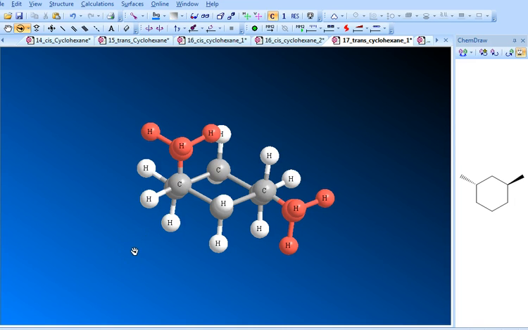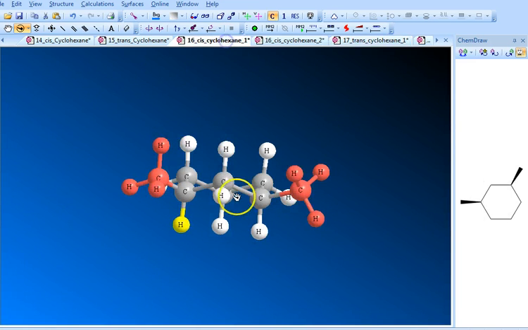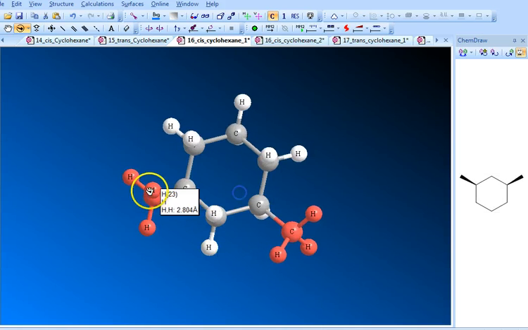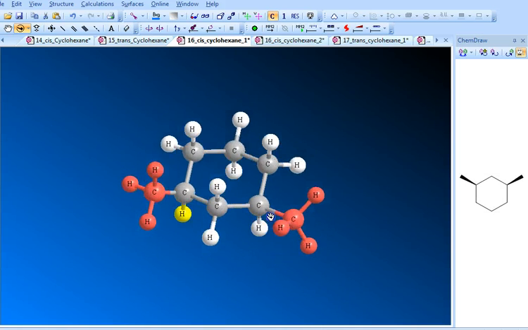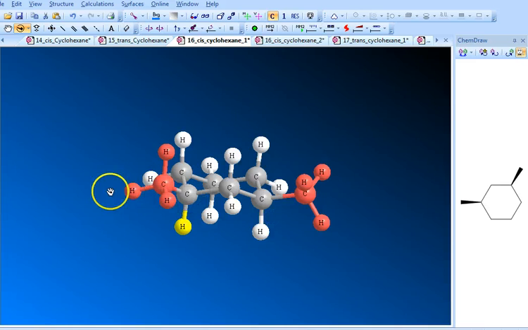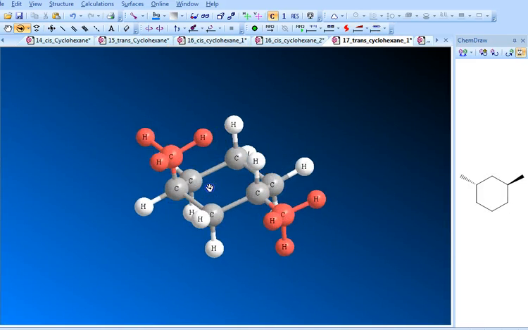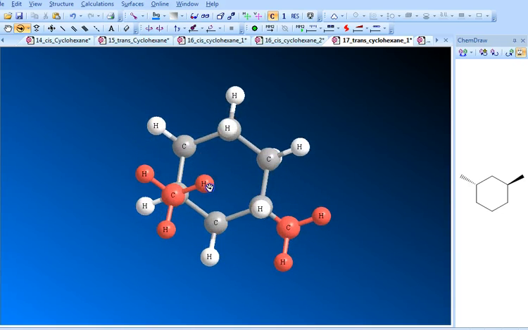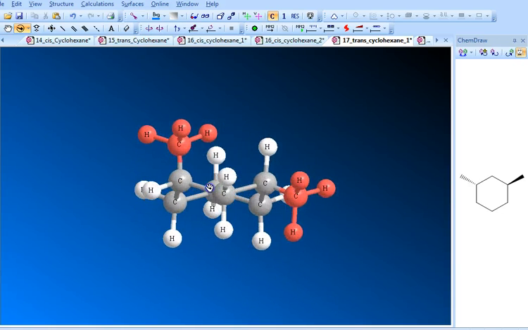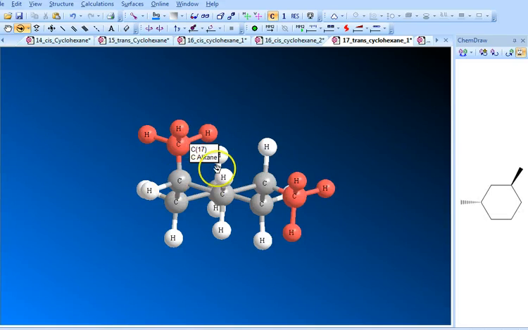Now is it more stable than this? We had cis, where the two methyl groups are going out, and we said this is stable, whereas in trans you can see that again one methyl group is up. So obviously this is less stable than the cis conformation.